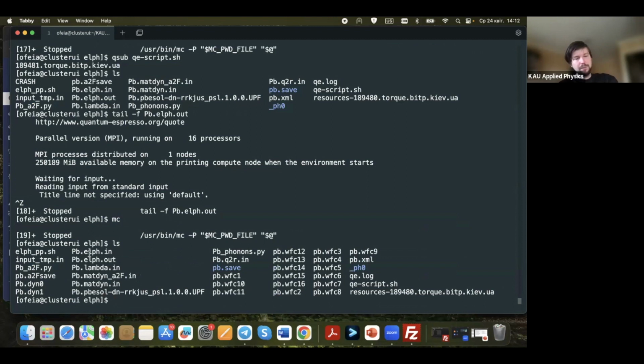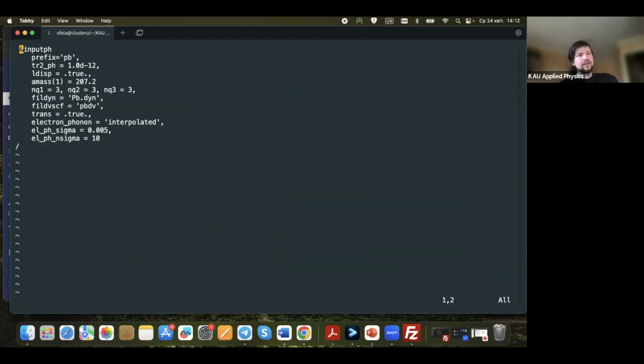First file, plumbum elf in, like elves and orcs. Elf in. It is almost the same file as the phonon file. The common things like prefix, threshold, calculation threshold for the SCF cycles inside phonon calculations.